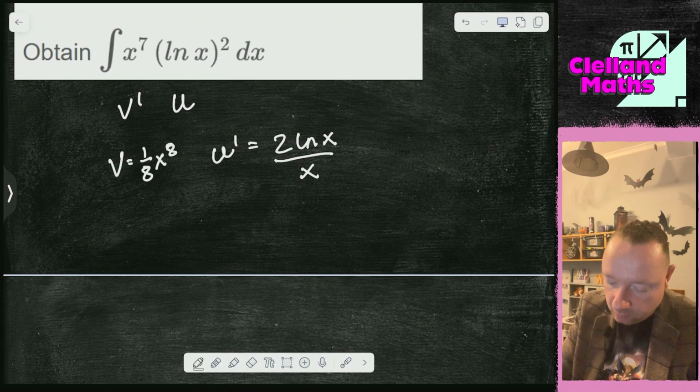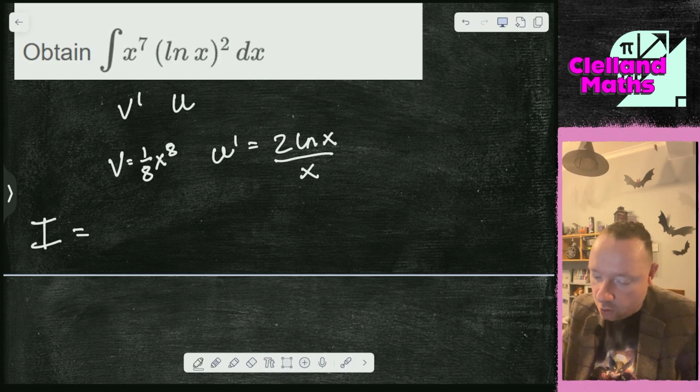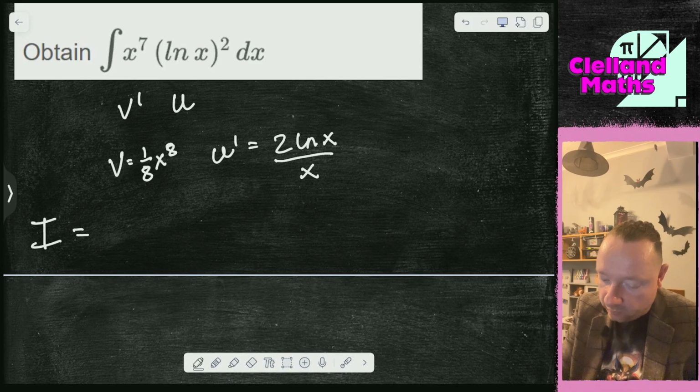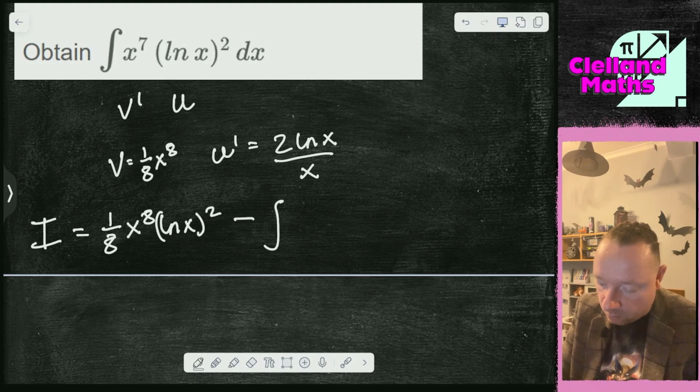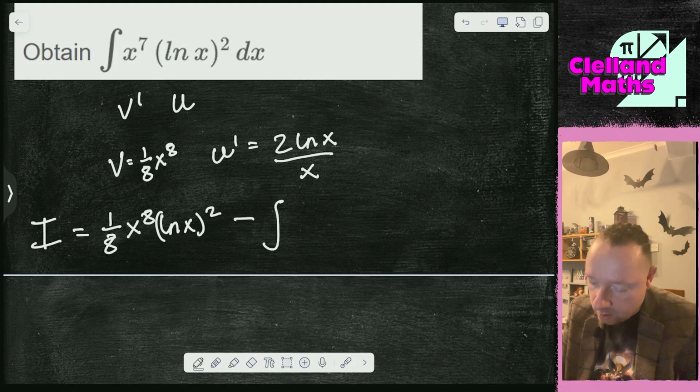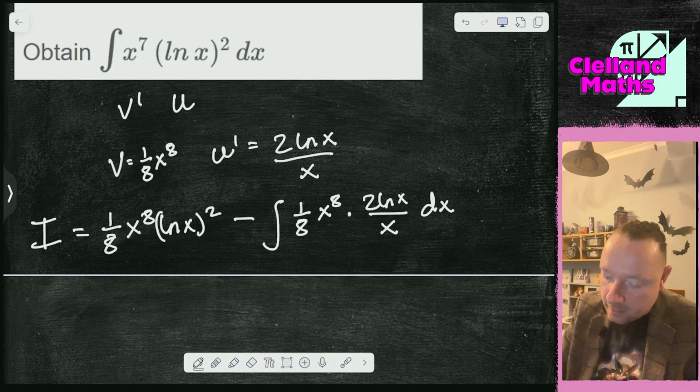So now our integral, let's call it I, becomes uv, which is log of x squared 1/8 x to the 8, minus the integral of vu dash, 1/8 x to the 8 times 2 log x over x dx.